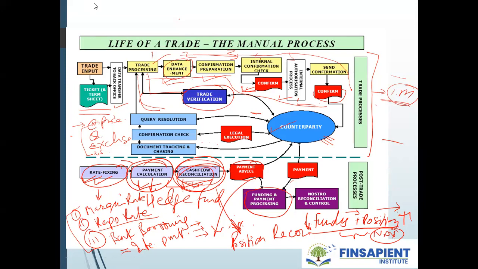So the normal trade cycle, sir. If I bought some shares, that life cycle. So just a standard share trade cycle. Yes, sir. That trade life cycle I was referring to, and that I have studied.